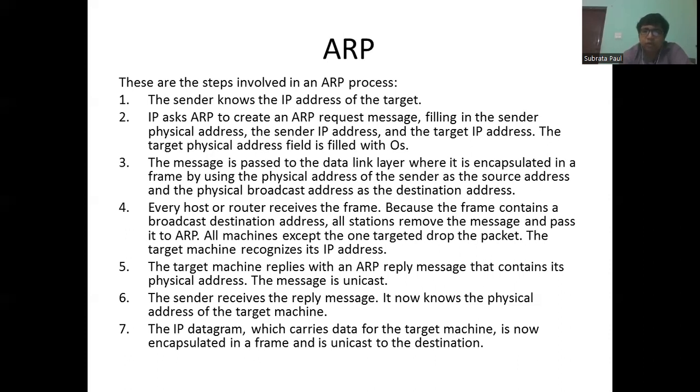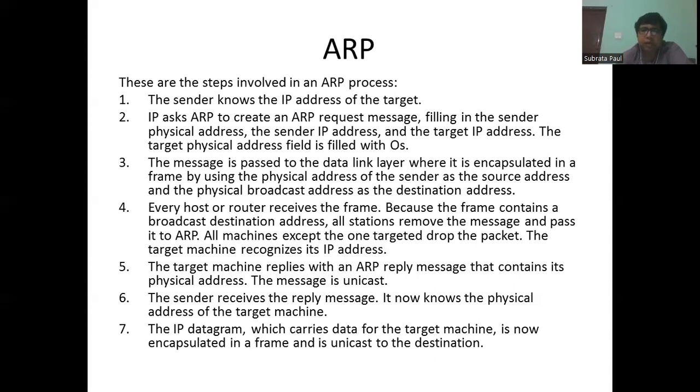The reply message contains the physical address of the receiver, and after the sender knows the physical address of the receiver, it now has all the information. So the IP datagram which carries the data for the target machine is then encapsulated into the frame, and it is then unicasted to the destination.